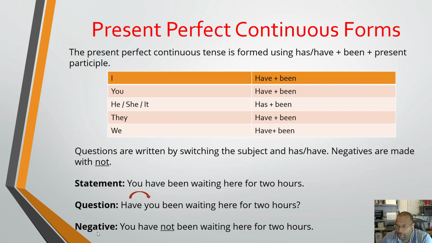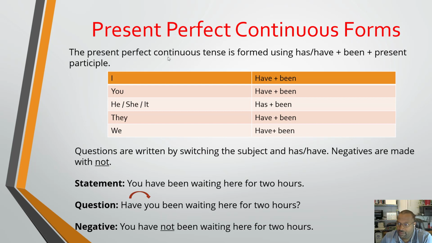Okay, let's look at the negatives, because negatives are made with not. All right, you have not been waiting here for 2 hours. You have not, that's the negative, been waiting here for 2 hours. Okay, so that's how we're using the present perfect continuous form.